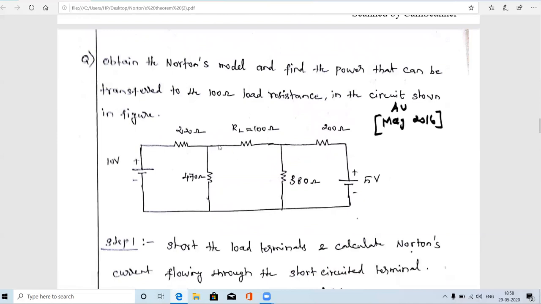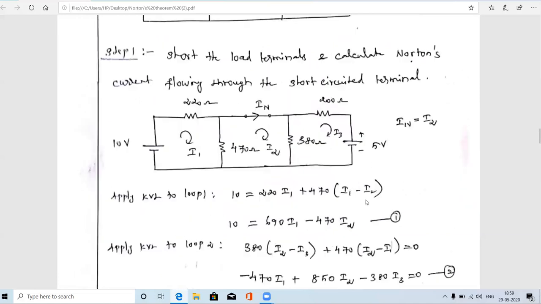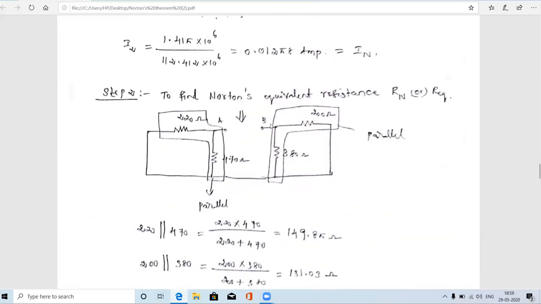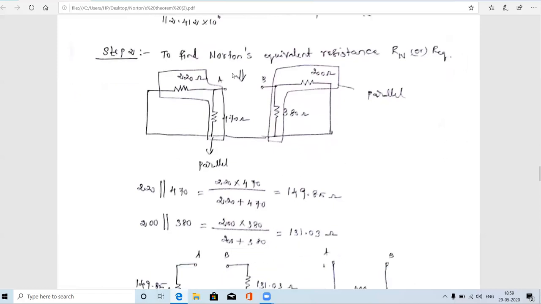This load resistance you have to open circuit, you have to remove it, and make this terminal as A and B. And during the calculation of this equivalent resistance, we have to make all sources 0. So this 10 volt battery as 0. So here short circuit, here also short circuit. So we may get the diagram like this. The load resistance is just open circuited, and here one short circuit, here one short circuit. Now we have to measure the resistance across the terminal A and B.